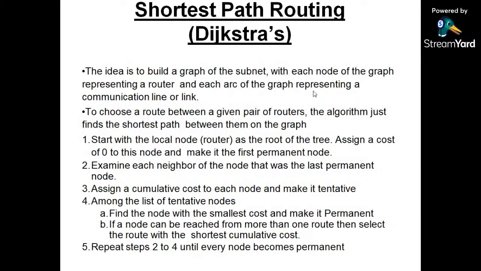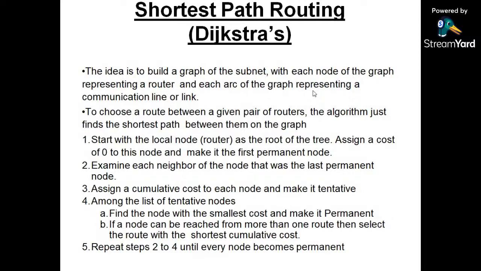The idea is to build a graph of the subnet with each node of the graph representing a router and each arc of the graph representing a communication line or link. To choose a route between a given pair of routers, the algorithm just finds the shortest path between them on the graph.